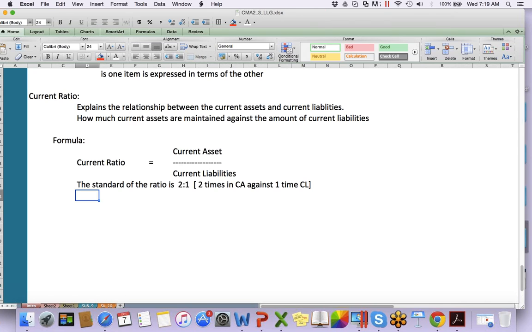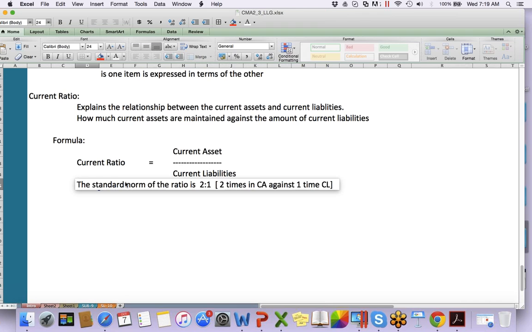You can maintain less than 2 million as well, but when you present your financial statements externally, like to your supplier, banker, or credit analysts, it shows that your liquidity position is not good. Therefore, we always maintain this ratio. We call it a standard norm because it is an industry average.